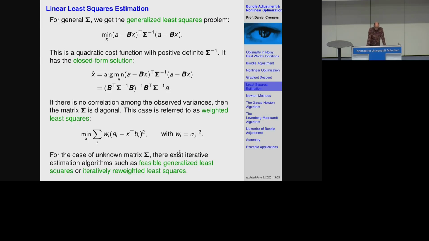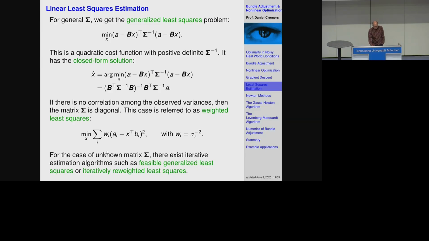You can obviously consider the case that the covariance matrix of your noise is unknown, and you try to estimate it along with the parameters of everything else. Then there is an iterative estimation. It's called feasible generalized least squares, and in the diagonal case it's called iteratively reweighted least squares.